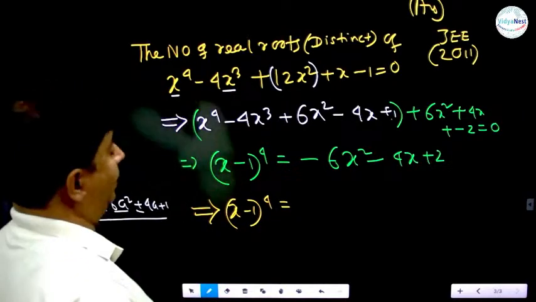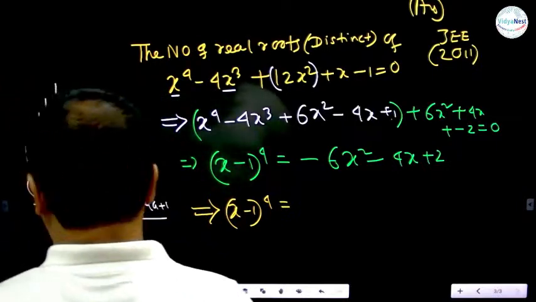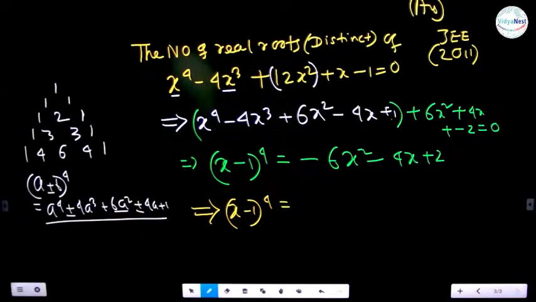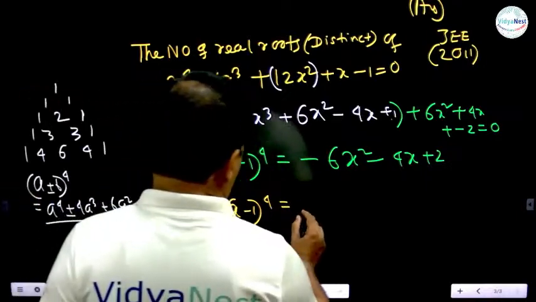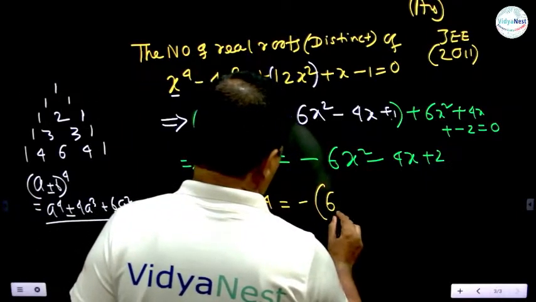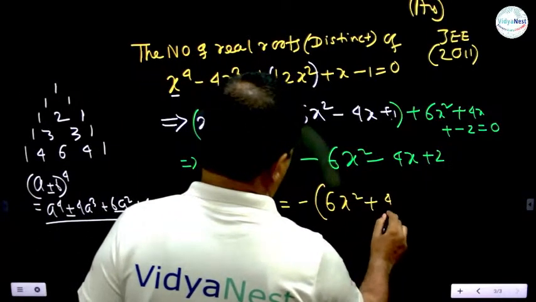And in the right hand side you observe we have got a quadratic expression, 6x square plus 4x minus 2.